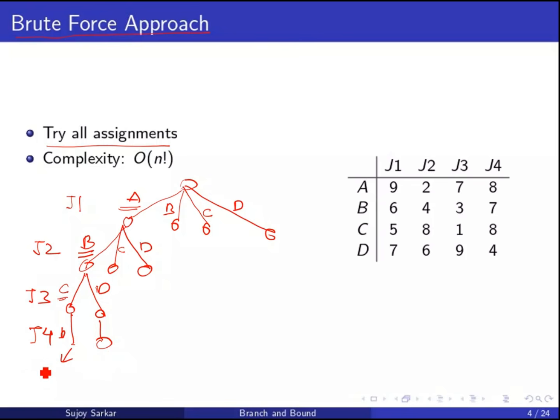Every leaf node represents one valid assignment.